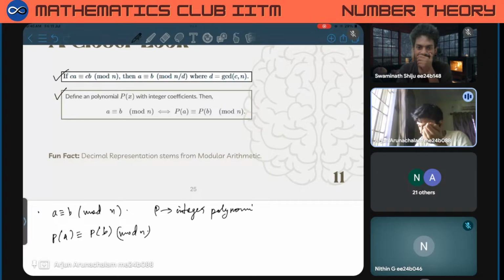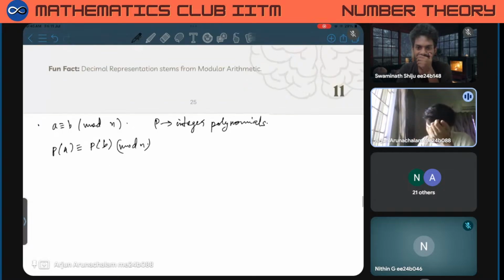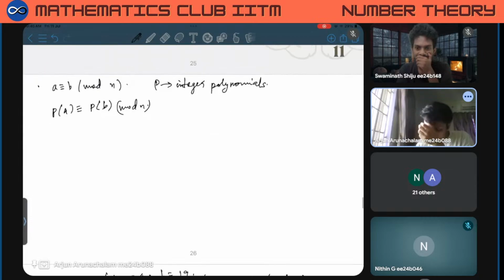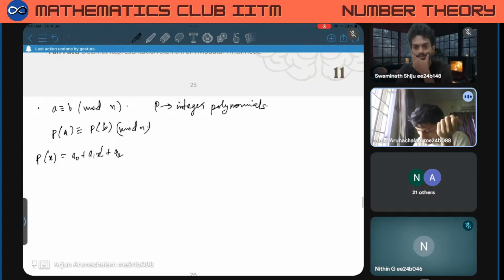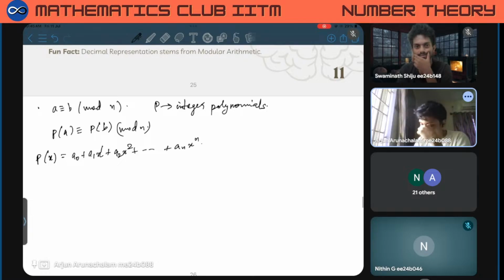So a polynomial with integer coefficients. Let's see how. Let's say P of x is a0 plus a1 x plus so on till an x to the power n, right?